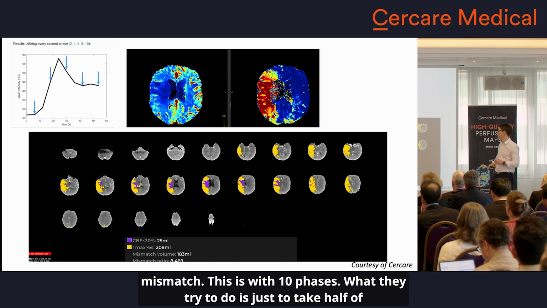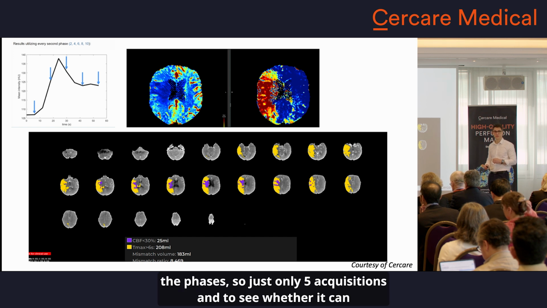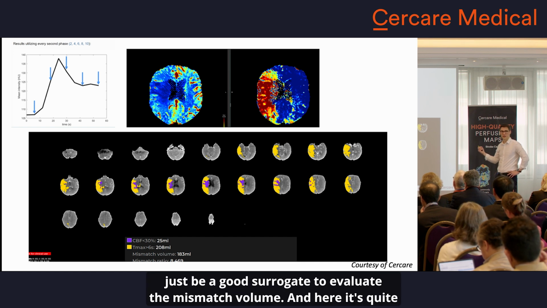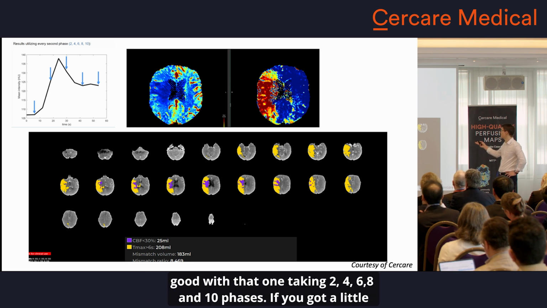What they tried to do is take half of the phases, so only five acquisitions, and see whether it can be a good surrogate to evaluate the mismatch volume. And here it's quite good with that one, taking 2, 4, 6, 8, and 10 phases.